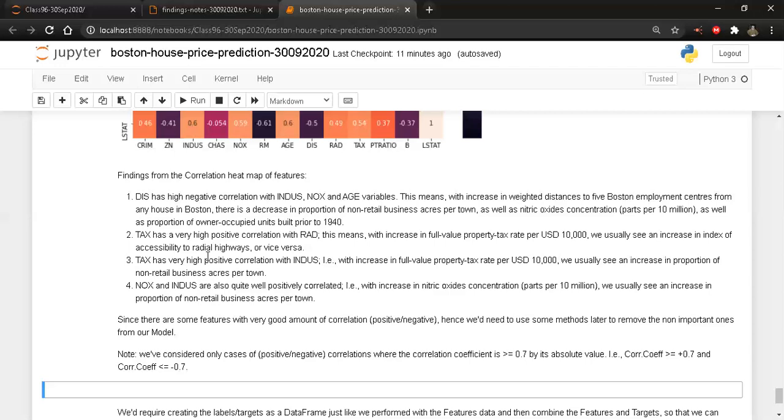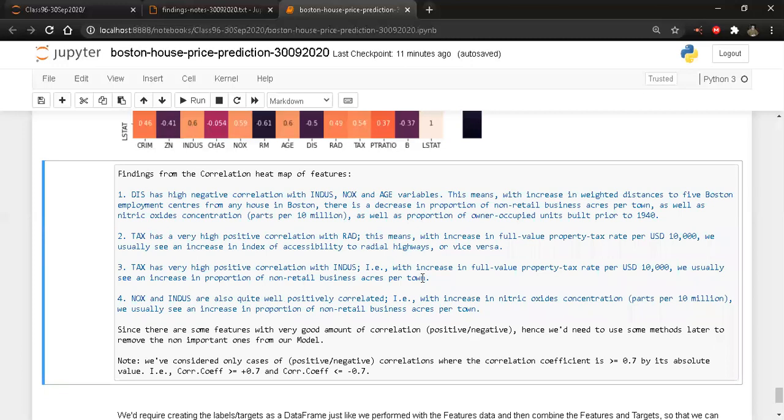With the increase of nitric oxide concentration, in parts per 10 million, so as the pollution in the air increases, we also see an increase in the proportion of non-retail business, or vice versa. This is a very good example.